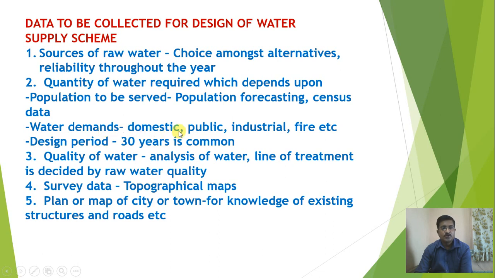Water demands: domestic, public, industrial, fire, etc. Design period: 30 years is common. Quality of water: analysis of raw water quality, and the line of treatment is to be decided accordingly. Survey data: topographical maps, plan or map of the city or town for knowledge of the existing structures and roads.